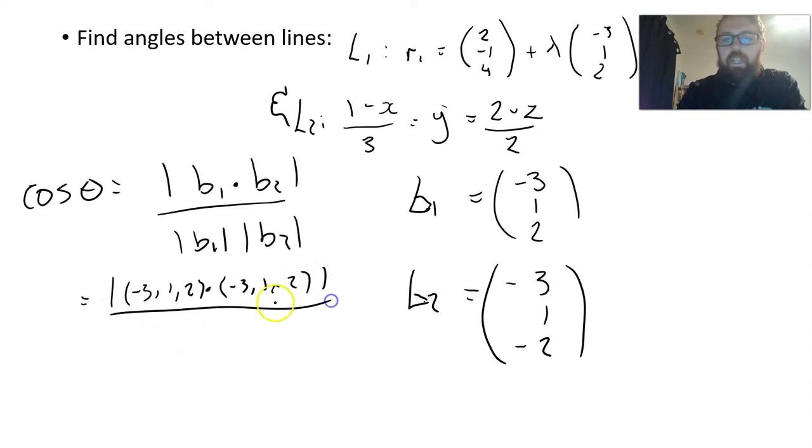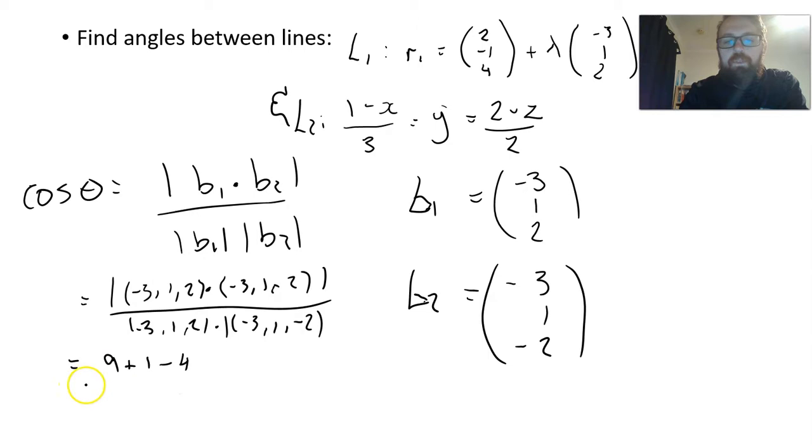And that's going to be over the length of -3, 1, 2 times the length of -3, 1, -2. If we take the dot product of the top row, we do -3 times -3 is 9, plus 1 times 1 is 1, plus 2 times -2 is -4.